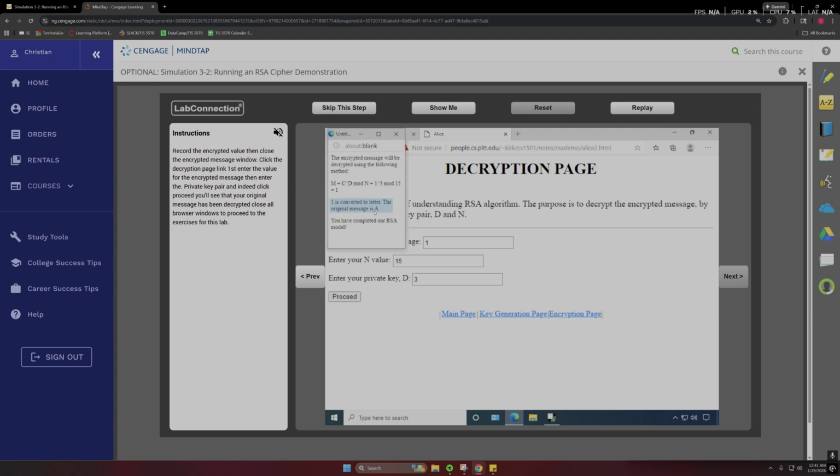The original message is A. You have completed our RSA model, and that is the ending on how you guys can use this encryption method. You can get the public keys and encrypt, and then use the private keys to decrypt. Therefore, you are sending safe messages without anybody bypassing the method.